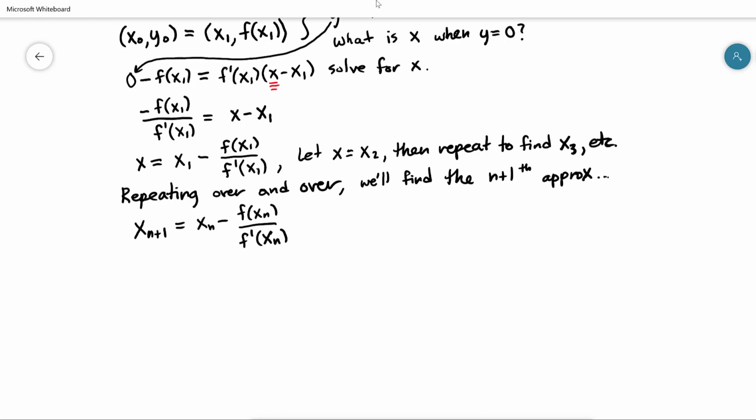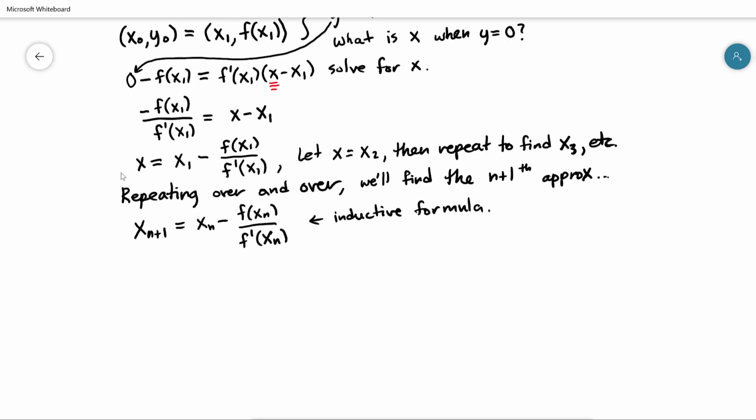And this gives us our inductive formula. You give me any guess xn for that root, and I can give you the next guess, n plus 1.